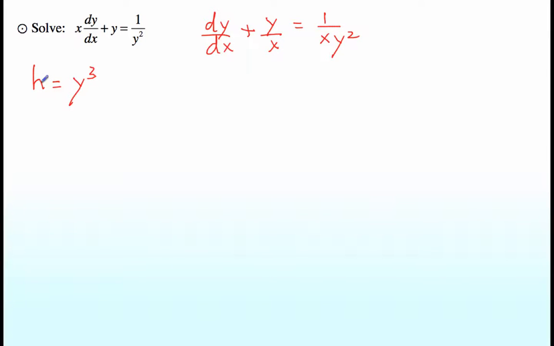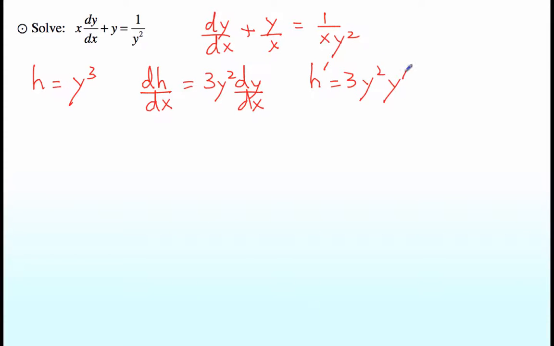The new function h is defined in terms of the old function y, and what we need is a differential equation in terms of h. So dh/dx is 3y squared dy/dx. And instead of writing dy/dx and dh/dx, let me save some space by writing this as h' = 3y squared y'.